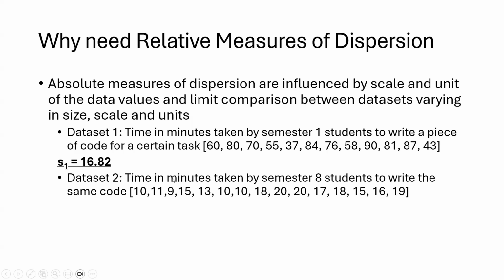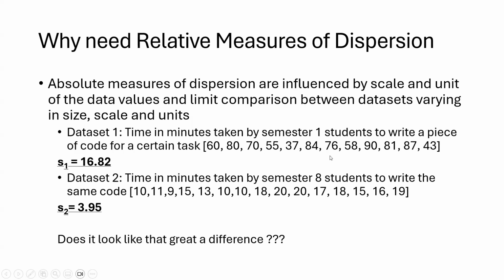Okay, now the standard deviation comes out to be 3.95, and the question is, do these two data sets actually have this much difference in the variation of values within each data set?